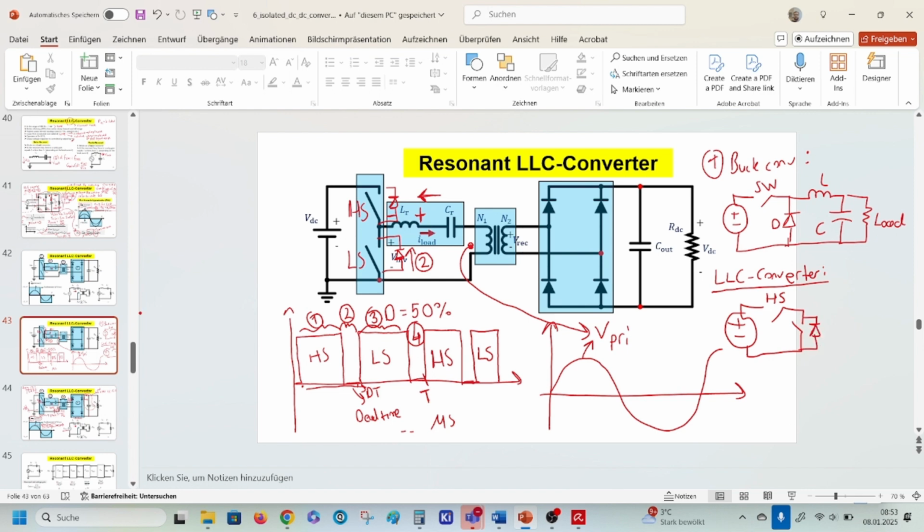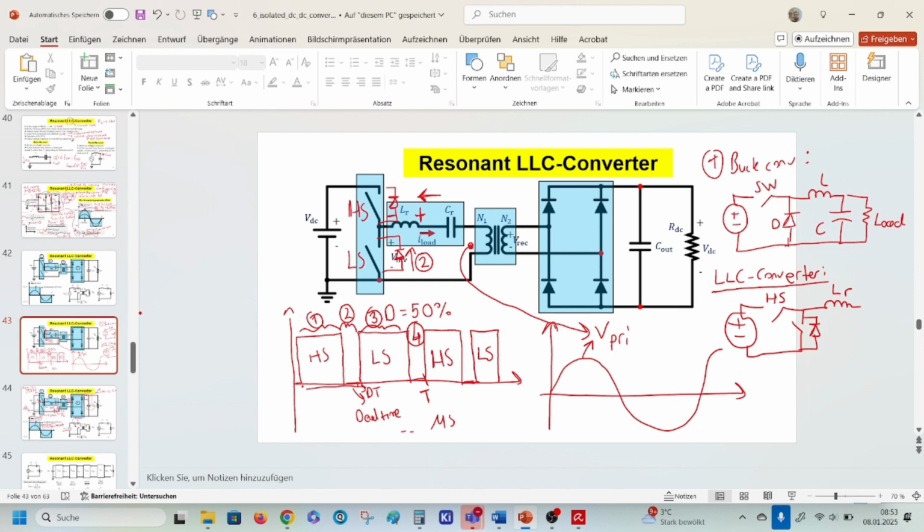Up to now, they are the same. That means LLC converter would also derive from buck converter. And here we have an inductance, but we call it resonance inductance.